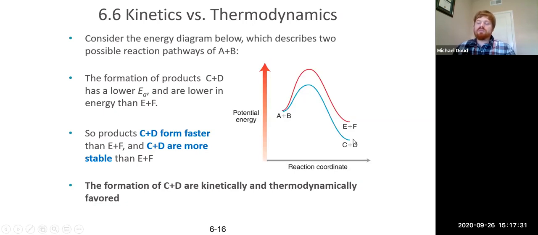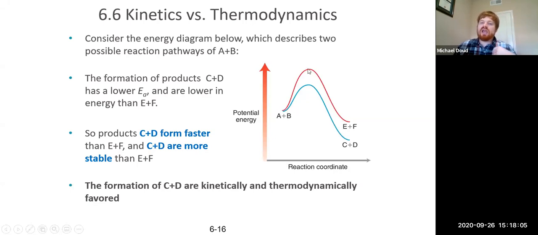When we put them side by side like this, it's pretty easy to see that because C and D are lower in potential energy than E and F, not only is this reaction going to be exergonic, but C and D are going to be the favored products thermodynamically speaking compared to E and F. We're always going to favor the products lower in potential energy. So we would say that C and D are the thermodynamically favored products because they're more stable.